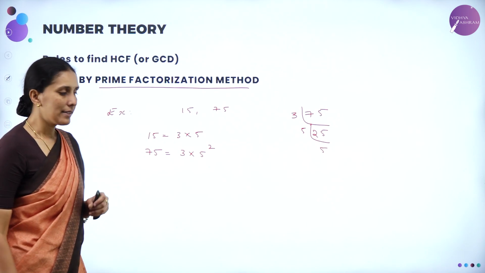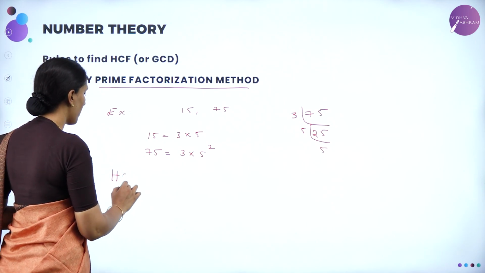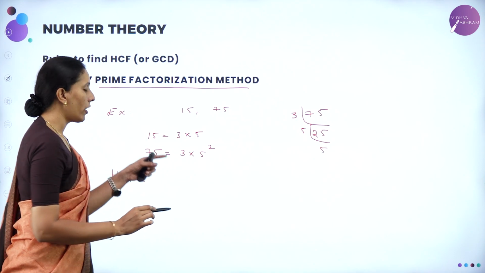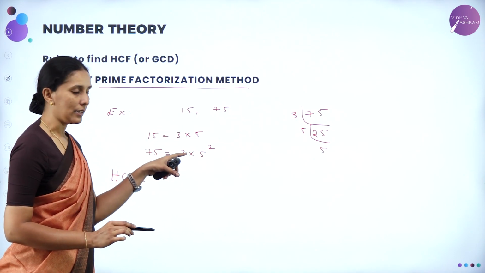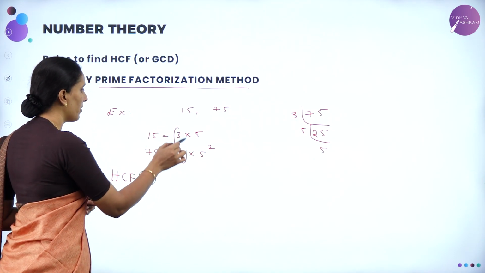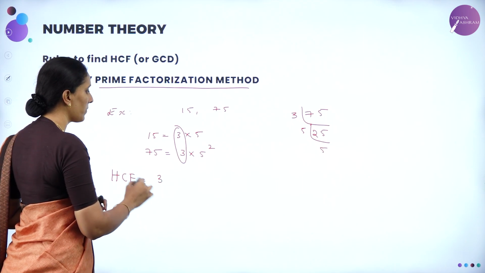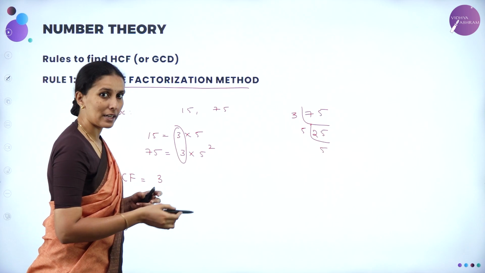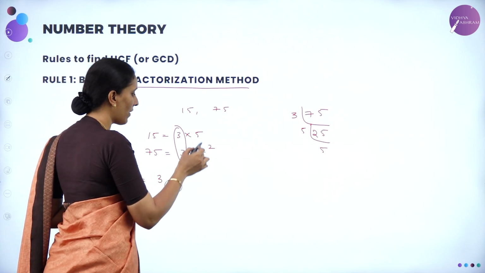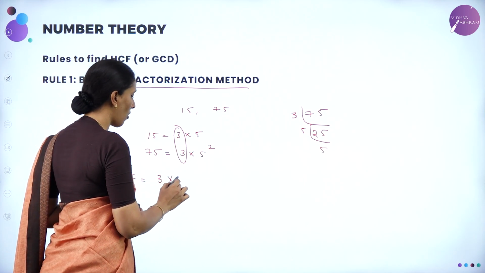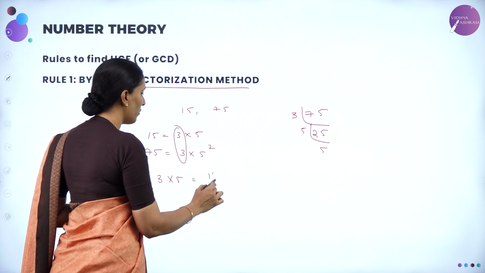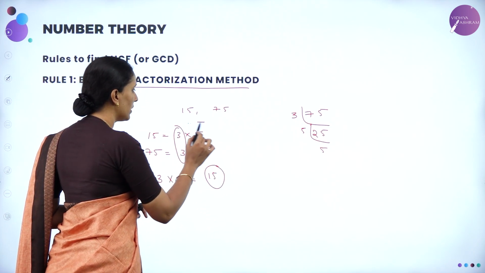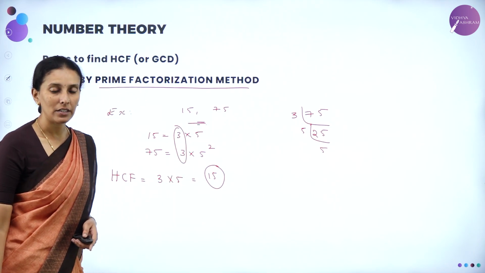Now the HCF is nothing but the product of the common factors here. So we have 3 as a common factor here. So let's write 3, and the least power should be taken if it is repeated in both the terms. So we have 5 power 1 as the least power. Therefore 15 is the HCF of 15 and 75.